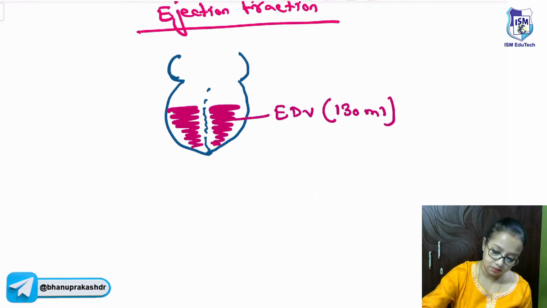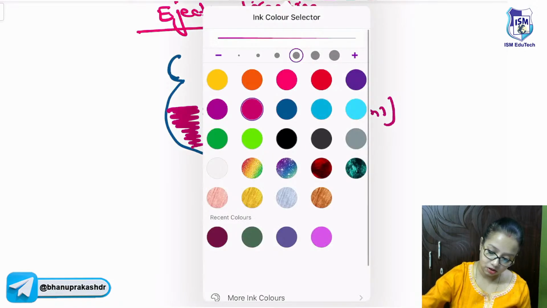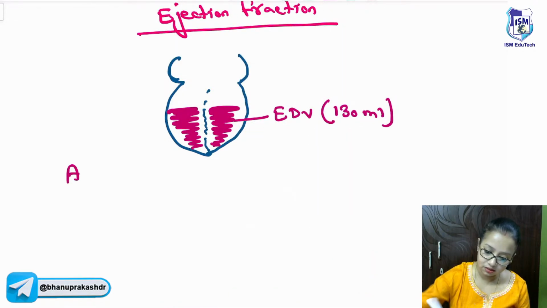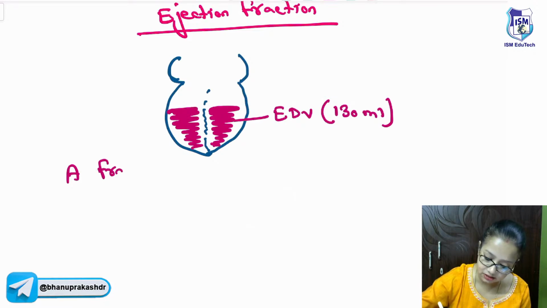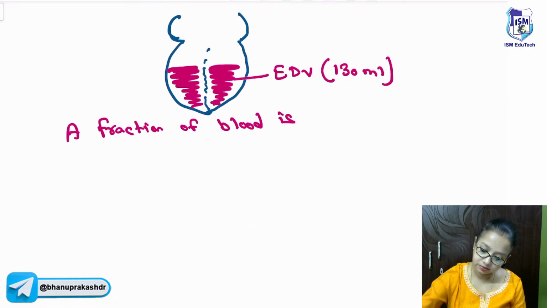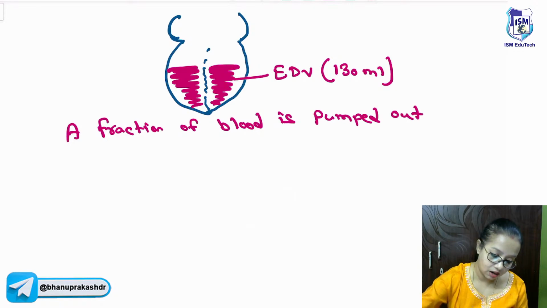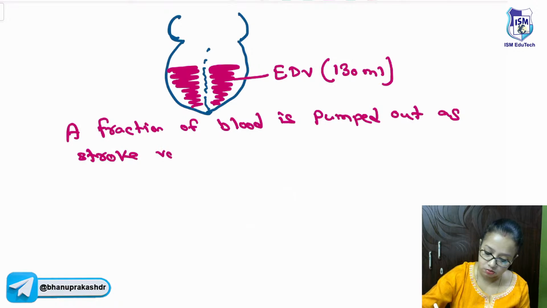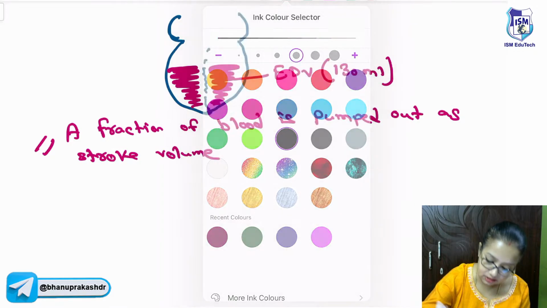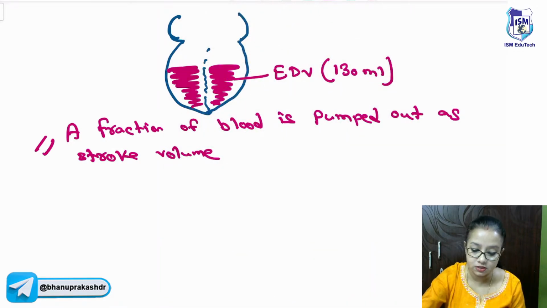Now from this end diastolic volume, a fraction of blood is pumped out as stroke volume.